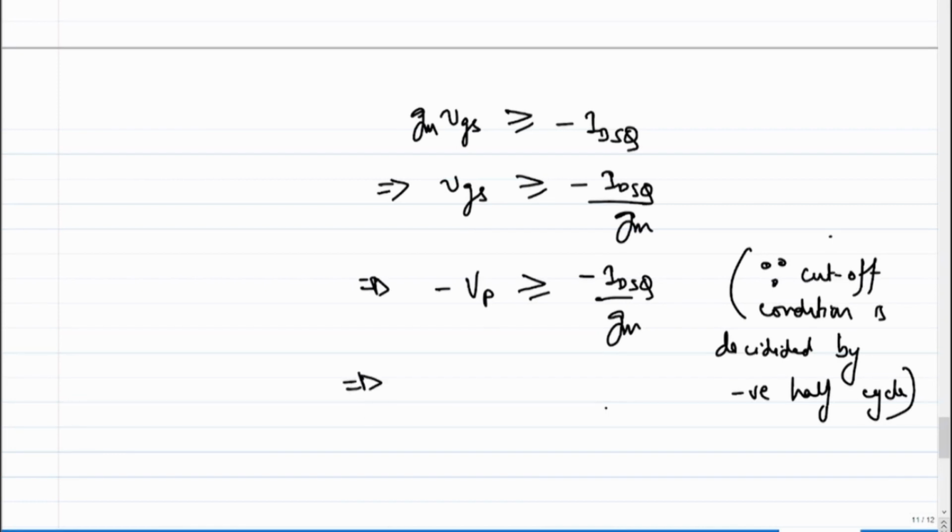Which essentially means that VP should be less than or equal to IDSQ over GM, right?